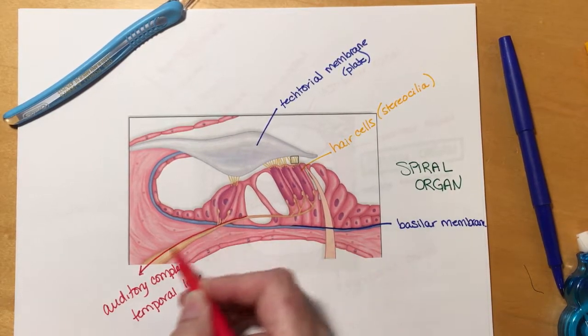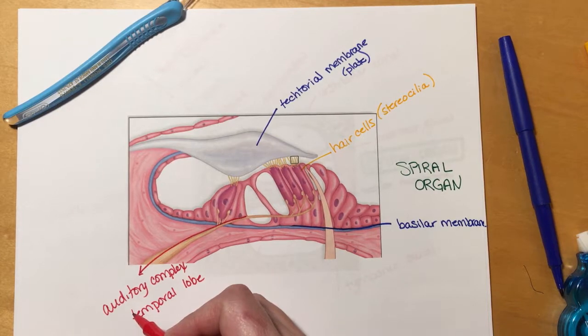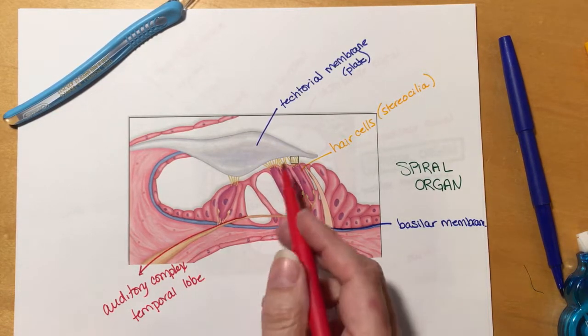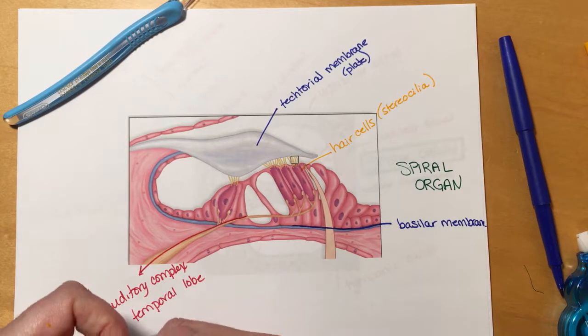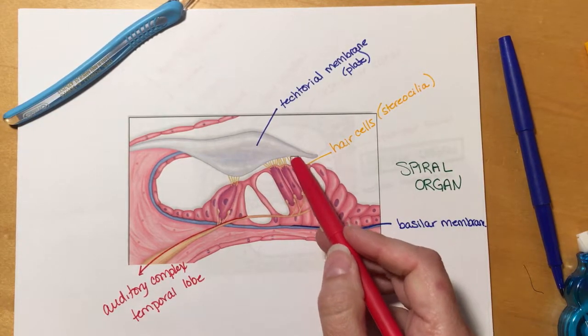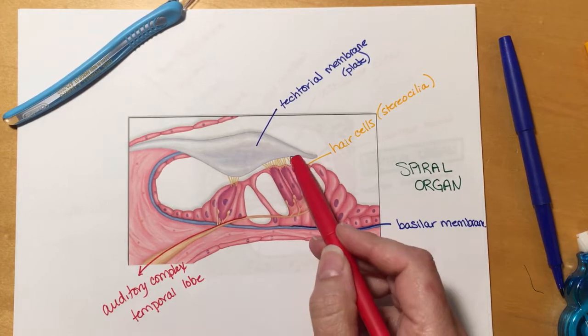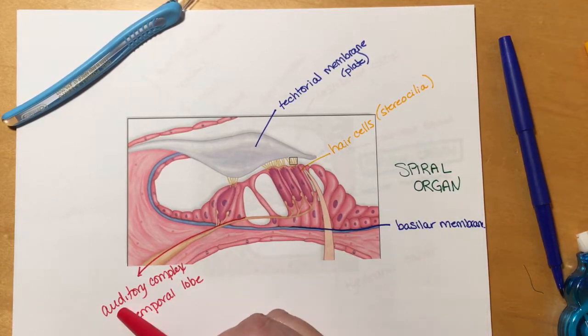Once these signals reach the brain, we will integrate the signals and we will know that we have heard something. So again, it's the mechanoreceptors here on the hair cells that are going to be activated and send an action potential all the way into the brain from the spiral organ.